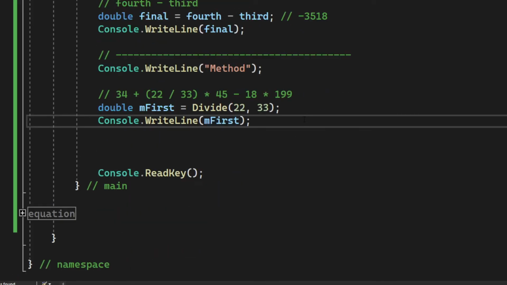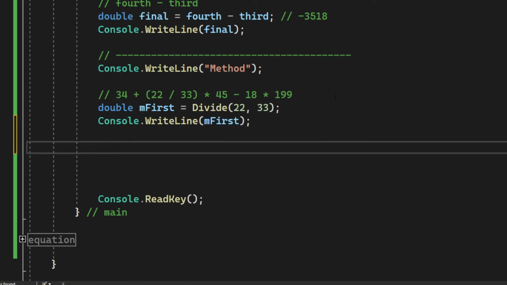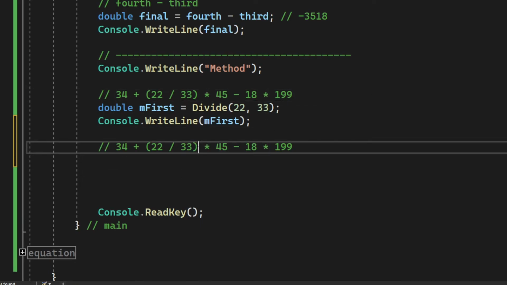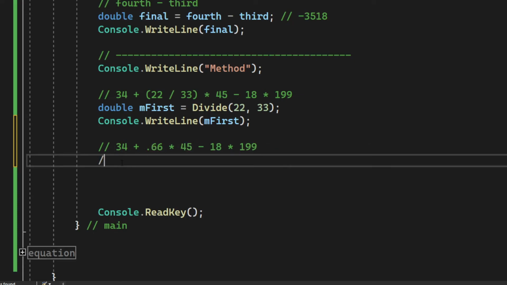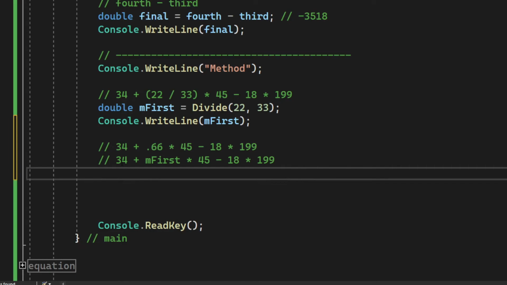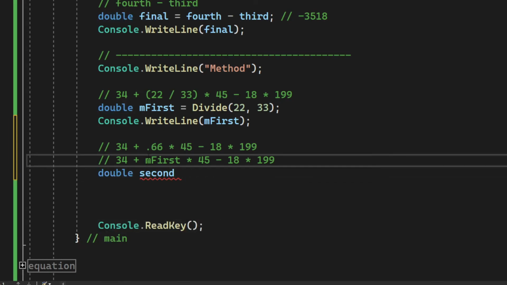All right. Now we're going to come down to our next one here. Same thing, 0.66. And again, we know 34 plus, and that 0.66 is our m first, times 45 minus 18 times 199. So double m second equals m first times 45.